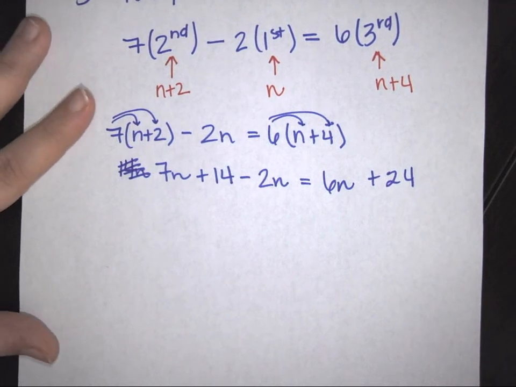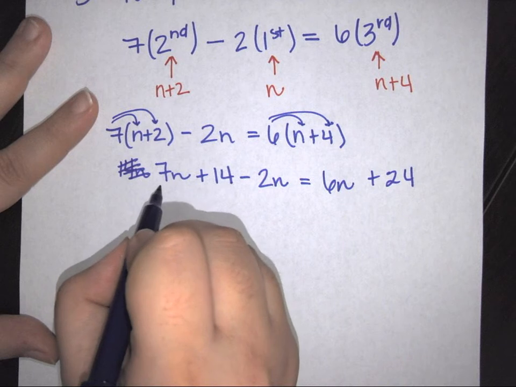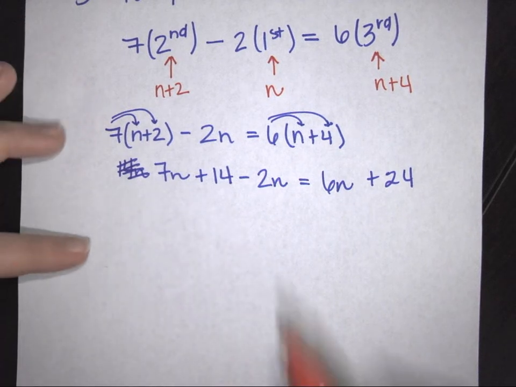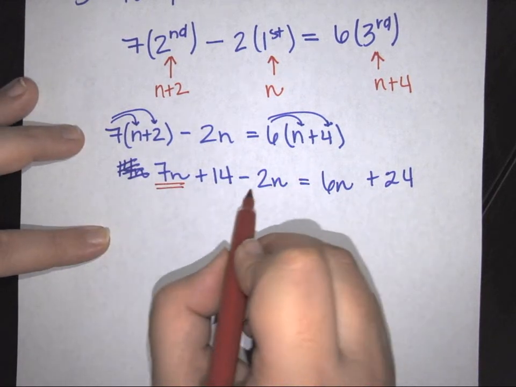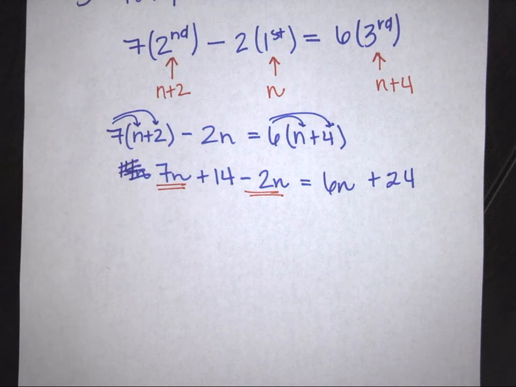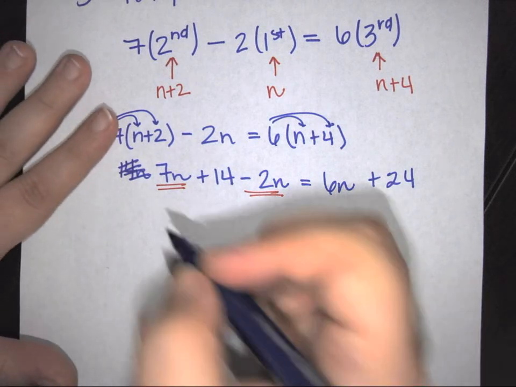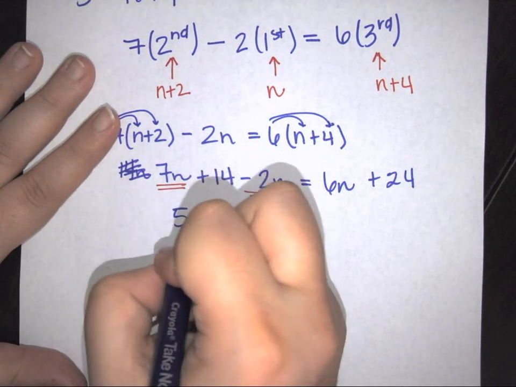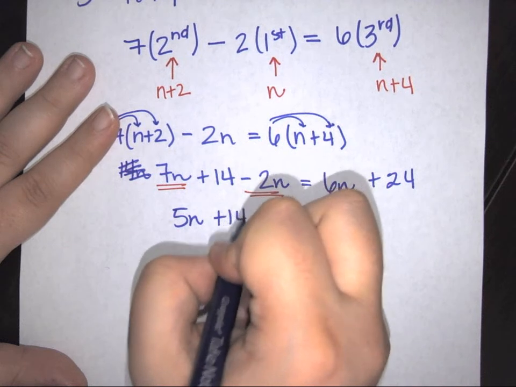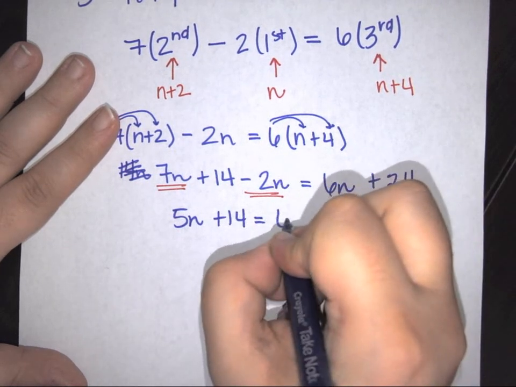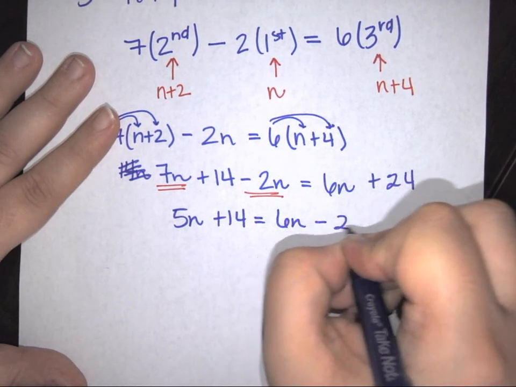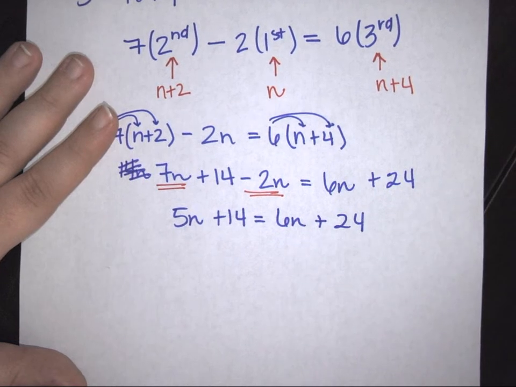I need to combine my terms, so I'm going to look at combining my 7n and my 2n first. So 7 minus 2 gives you 5n plus 14 equals my 6n plus 24.